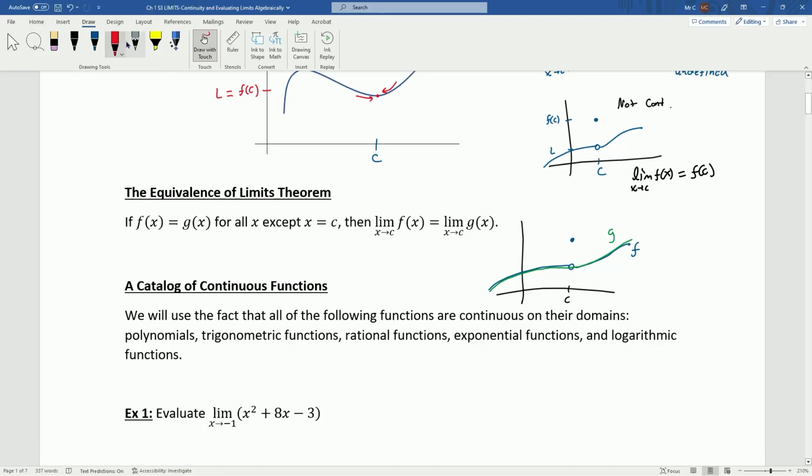Well, both of those functions still approach the same value. So that's all this theorem says. These two functions are equal everywhere except at the single point. Well, the limit doesn't care about the single point. The limit cares what's happening on either side. So these two things have the same limit.